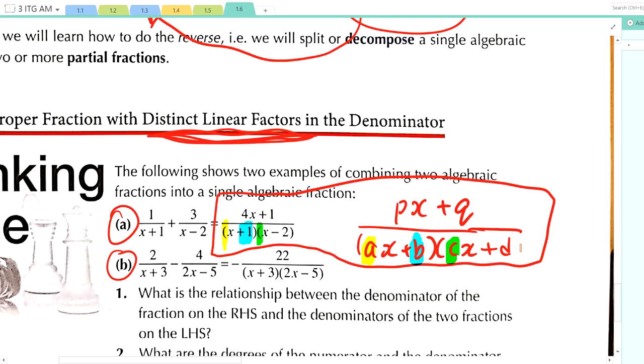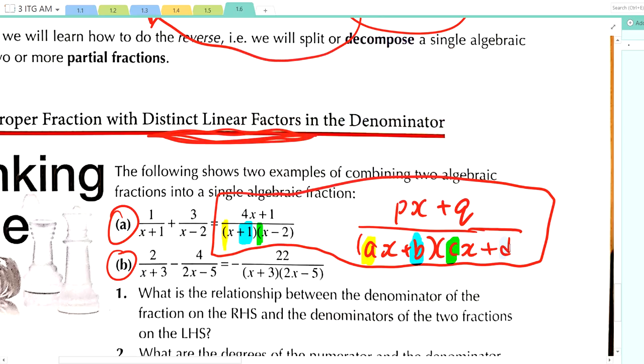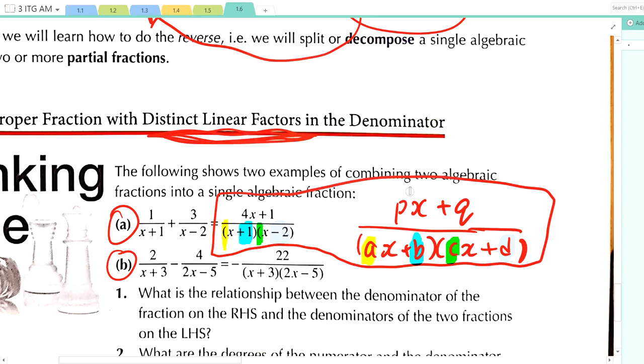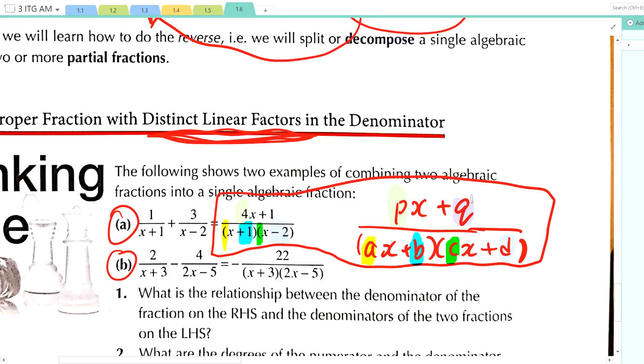Negative 2 over here. Right? So now the value for P, let's use another green. The value for P in this case will actually be 4, and the value for Q in this case, positive 1.